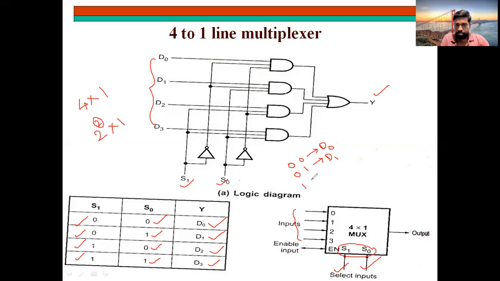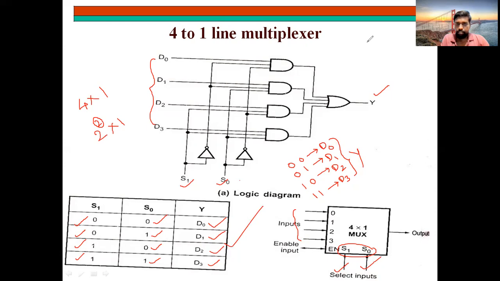If it is the third combination, 1, 0, you will see the third input, D2, at your output side. If it is 1, 1, then you will see the fourth input, D3, at your output side. These are all your output values, the value of Y. That is the meaning of this table.